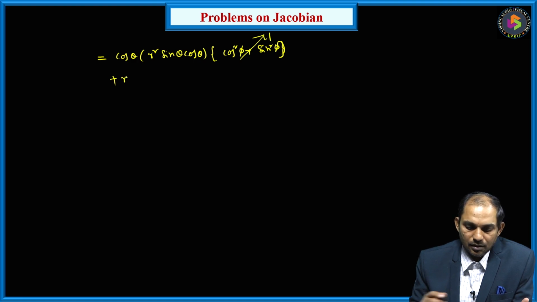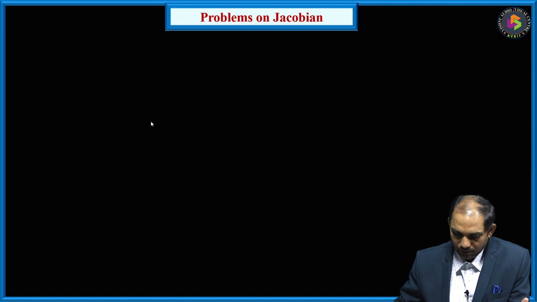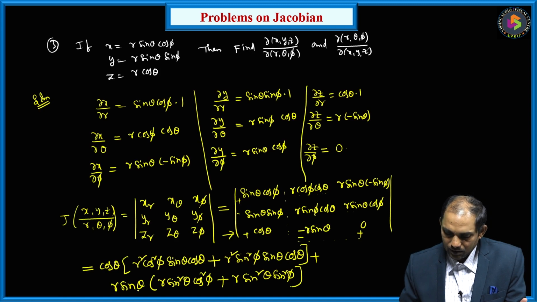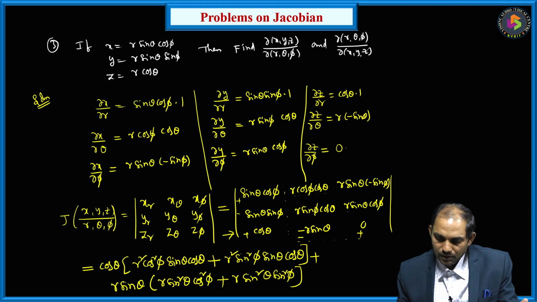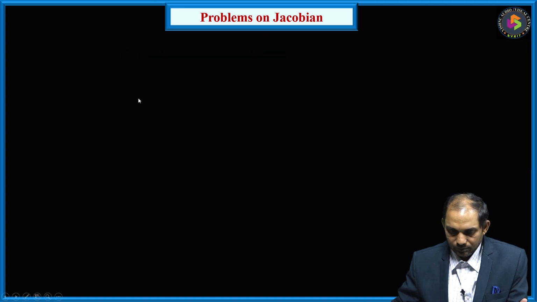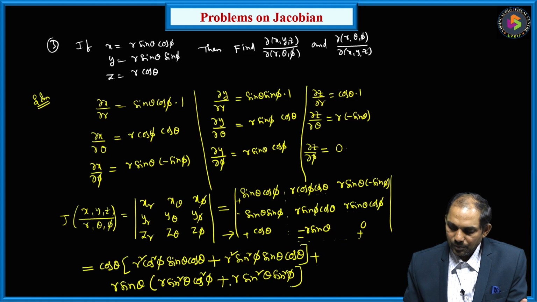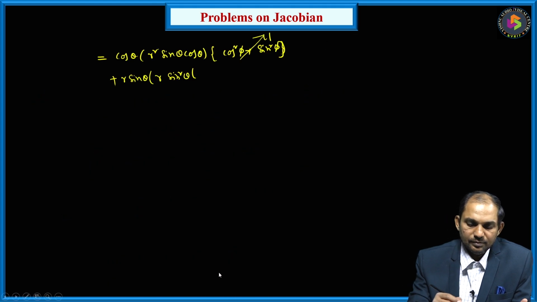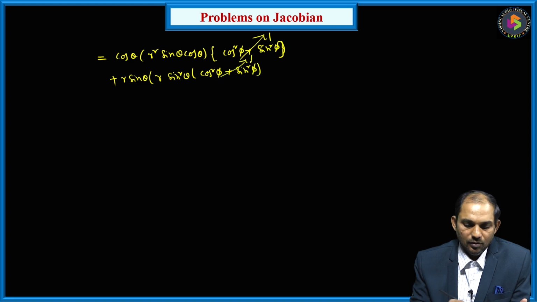Then plus r sin theta times, in this also we can take r sin square theta common, and what remains is cos square phi plus sin square phi, which is also 1.